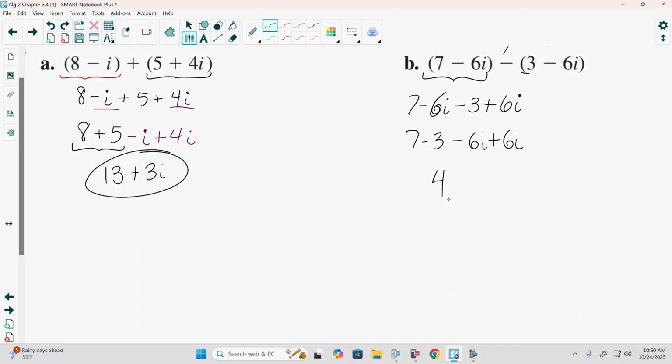So we could say plus 0i, but there's no reason to, because 0i is just 0, and adding 0 really doesn't give us anything. So really, the answer is just 4. That's it. Questions on this here?